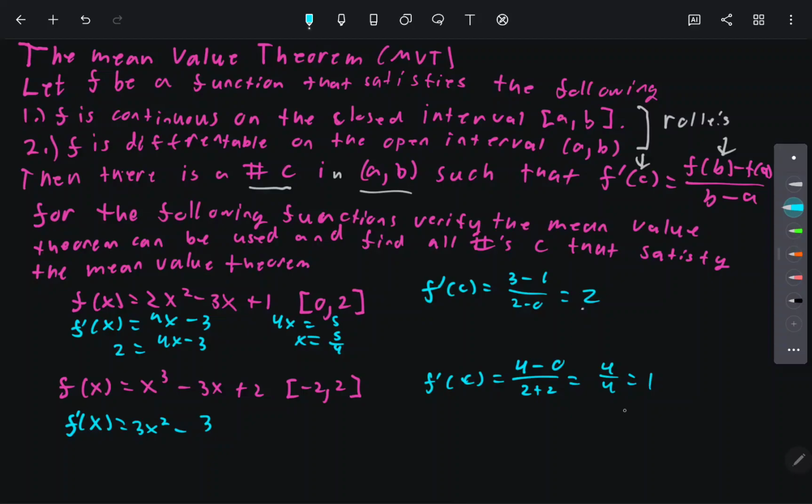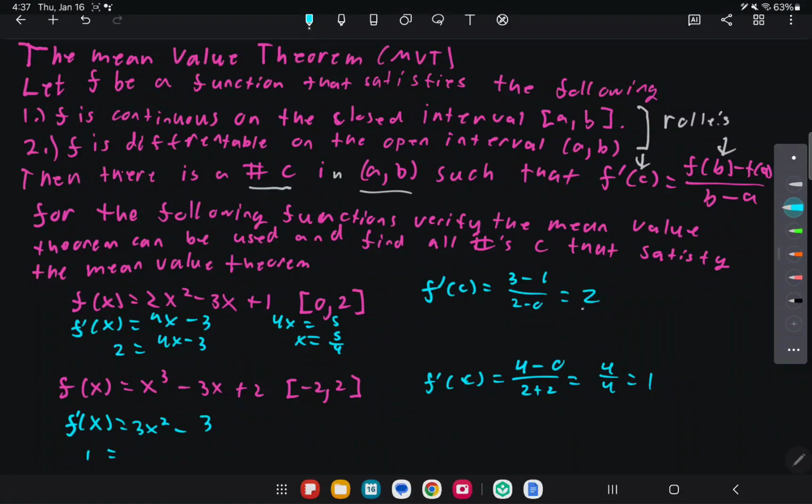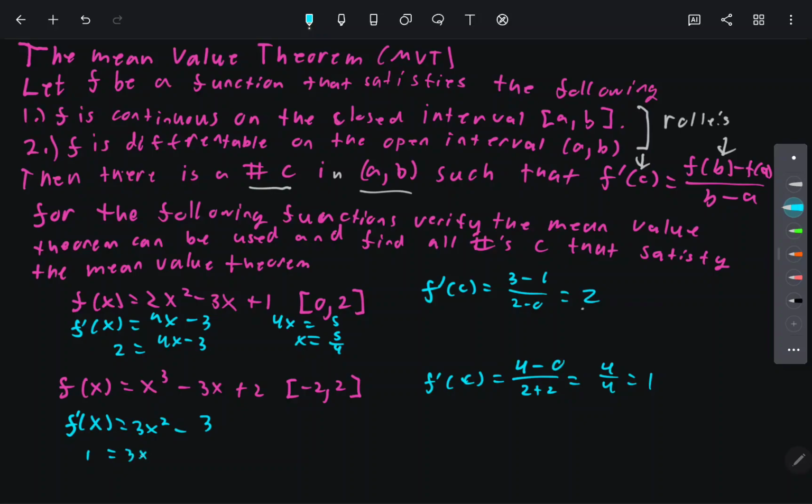Now what we're going to do is plug in 1 for the value here and solve it. So we get 3x squared minus 3 is equal to 1. We get 3x squared is equal to 4. Then we're going to divide both sides by 3, so we get 4/3 is equal to x squared.